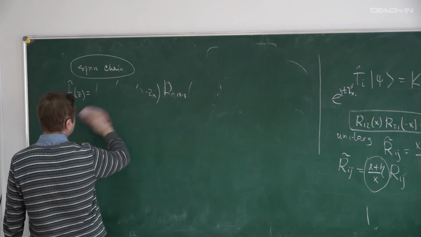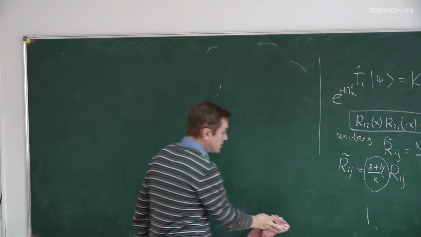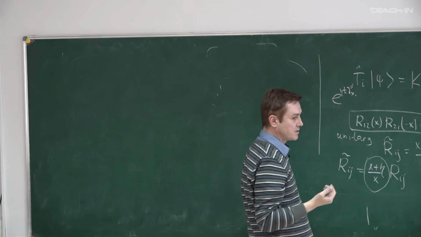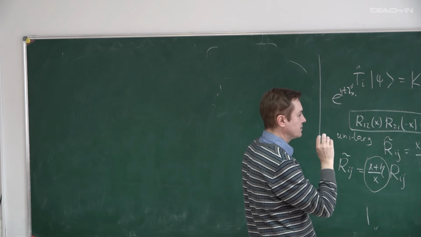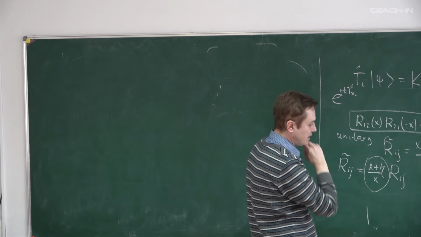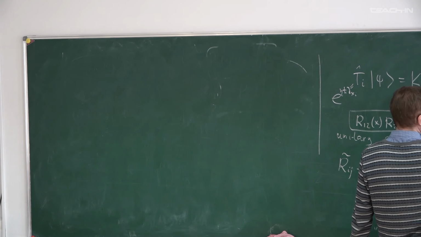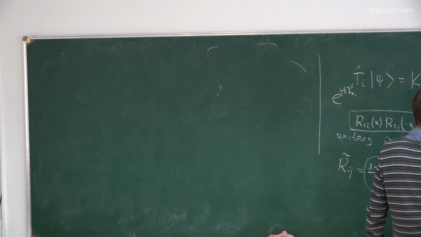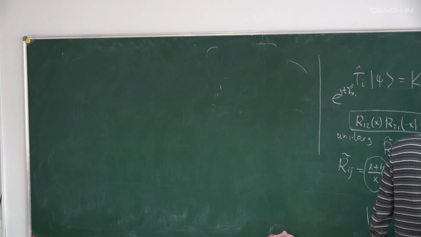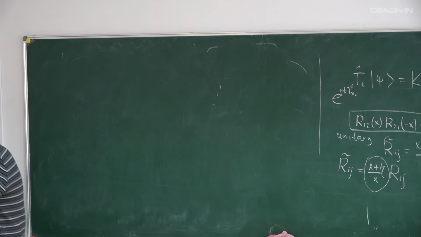The way to move from the spin chain to the Ruijsenaars-Schneider model consists of two steps. At the first step, we lift to the level of quantum Knizhnik-Zamolodchikov equations, and we fix this relation. So we have these operators in the Knizhnik-Zamolodchikov equations, and we know that these operators are related to Hamiltonians of spin chains in this way. Now, the next thing we are going to do is to perform a reduction.